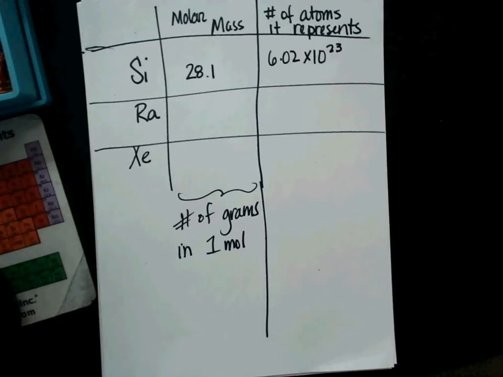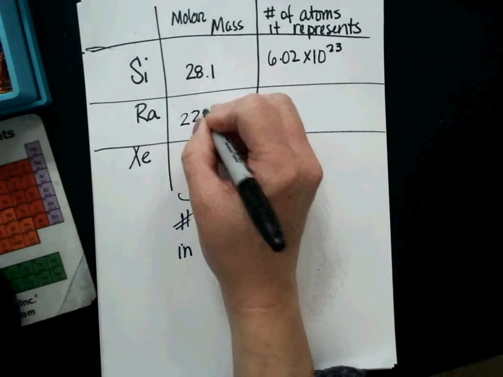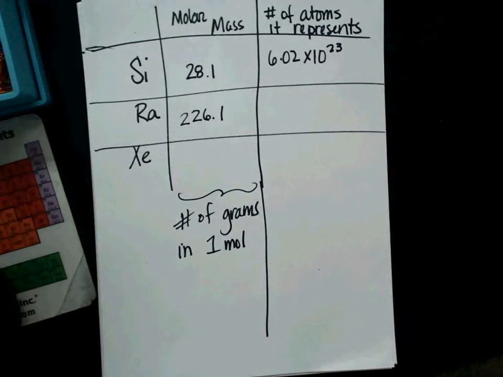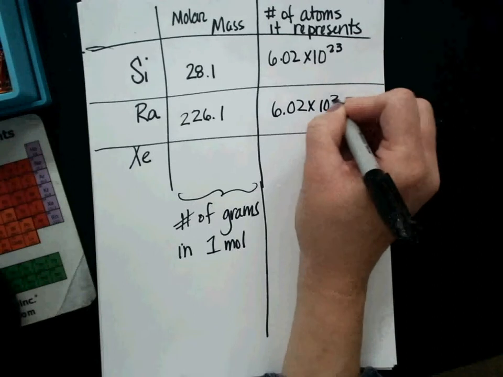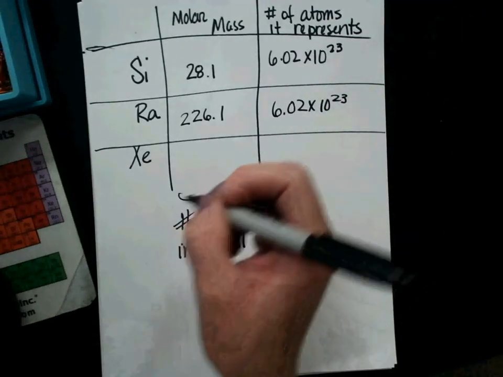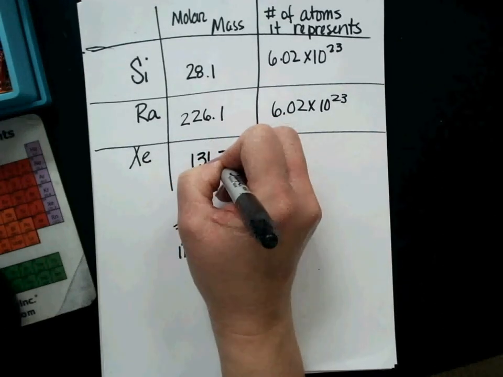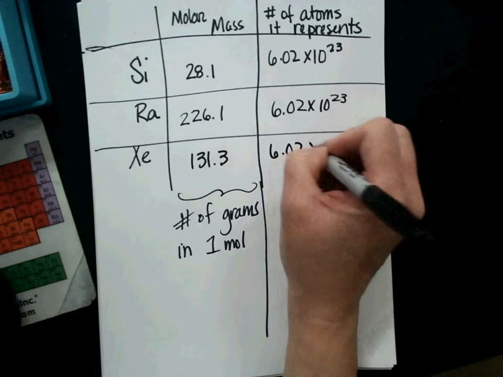Kalia, what is the molar mass of radium? 226.1. Is that what you said? Okay. How many atoms does it represent? Yep. And Caleb, what'd you put down for xenon? 131.3. How about number of atoms?